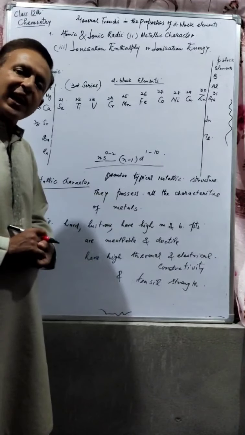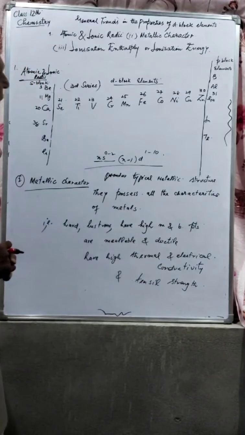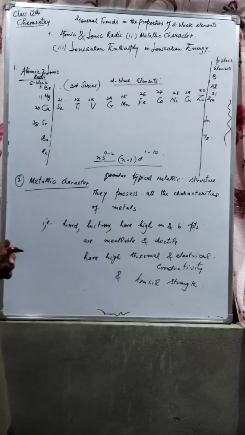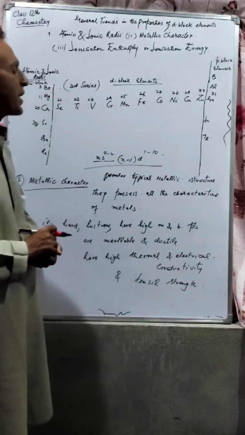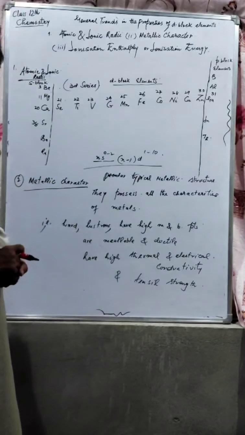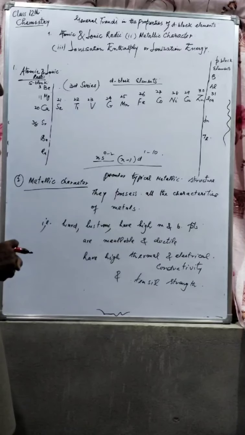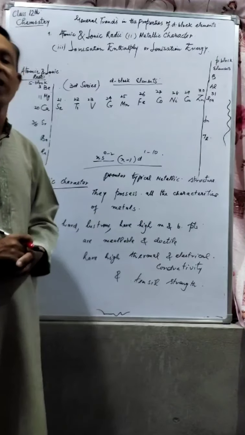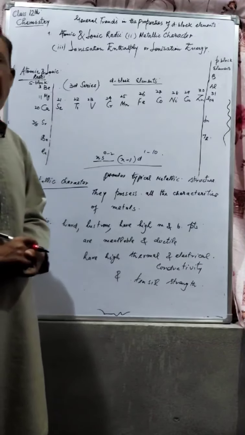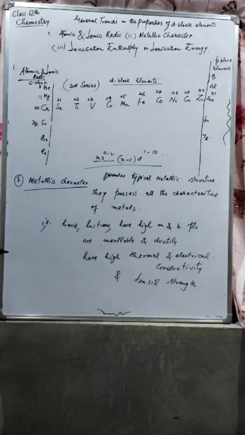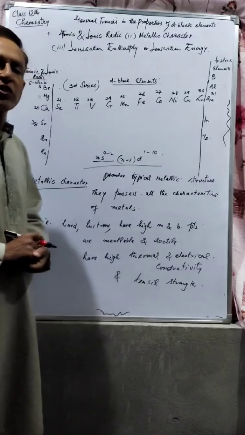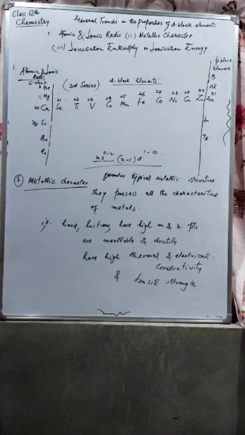So these s electrons form the metallic bonds with other elements, due to which these transition elements show metallic character. Not only these, the (n-1)d1 to 10 electrons in the penultimate shell also form the metallic bonds. That means electrons of both ns and (n-1)d subshells contribute towards the formation of the metallic bonds.